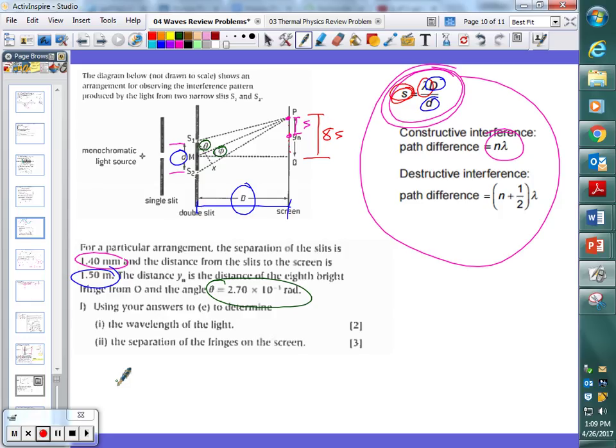Using that, we can figure out what that distance is. You do a little trig because you know the adjacent side of the triangle, and you can find the opposite side using tangent.